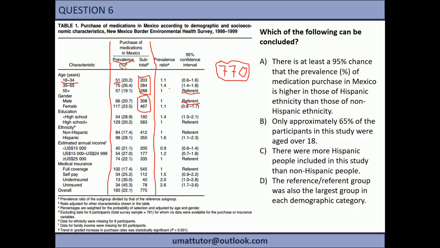Now, the confidence interval is showing a range of scores within which we can be 95% sure the true figure lies. So, in other words, for the 18 to 34-year-old group, the best guess we have for the prevalence ratio is 1.1, but we can be 95% sure that it's somewhere between 0.6 and 1.6. That's what this confidence interval is showing.